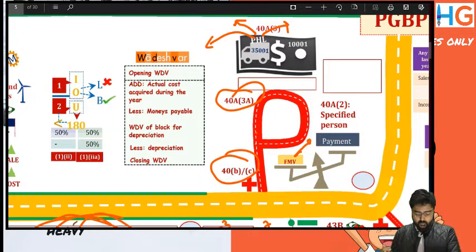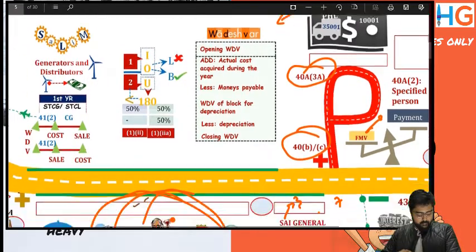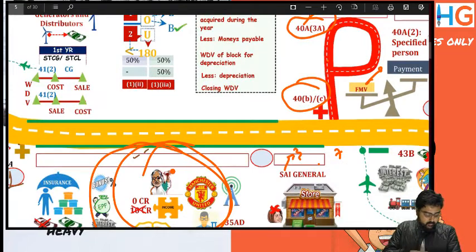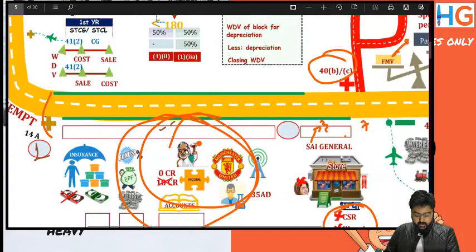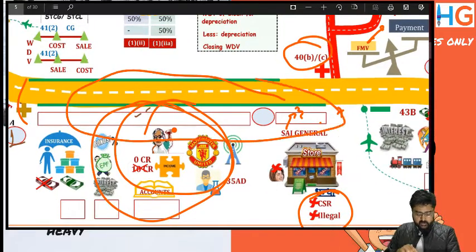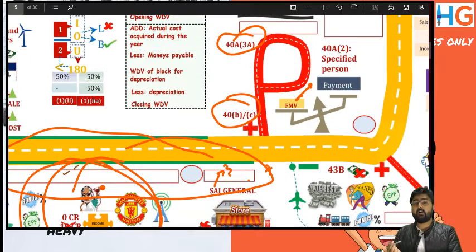But if I have not made the payment in the current year, then for an expense to be claimed, I had satisfied the first condition that the expense was not related to exempt income. I had satisfied the second condition, it was covered under sections 30 to 37, and it was not disallowed because payment was not made at all. 40A(3) did not arise.